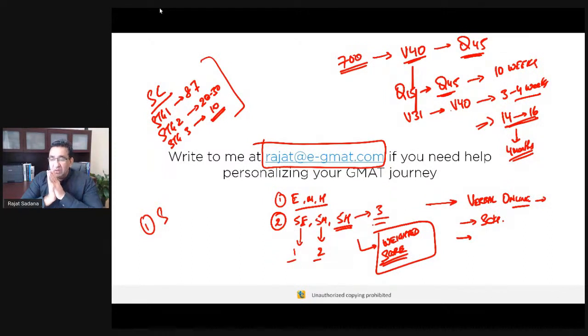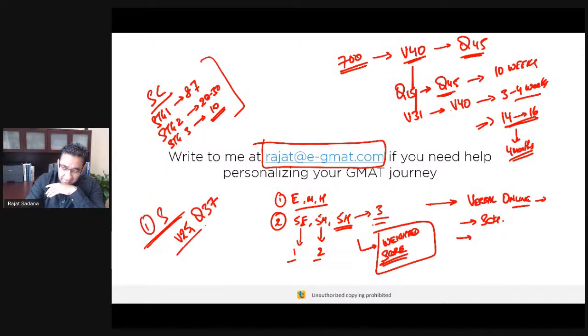But overall, 720 for you would be a Q48 V40. Okay, so if you're already at a V25 Q37, again, I'm going to do an approximate. You are right now at about a 550 for me.